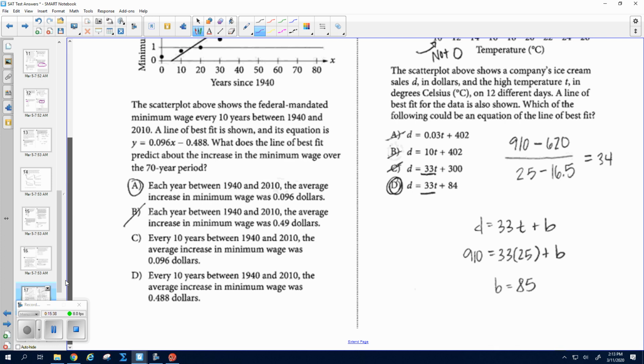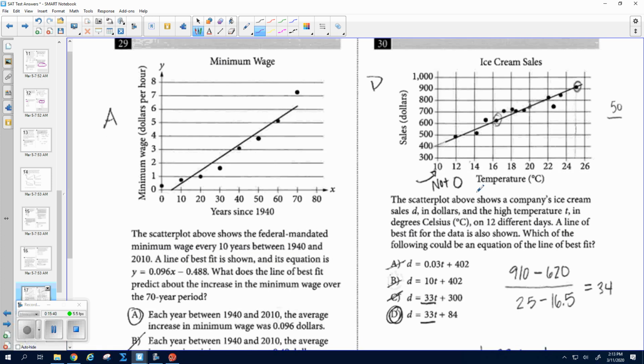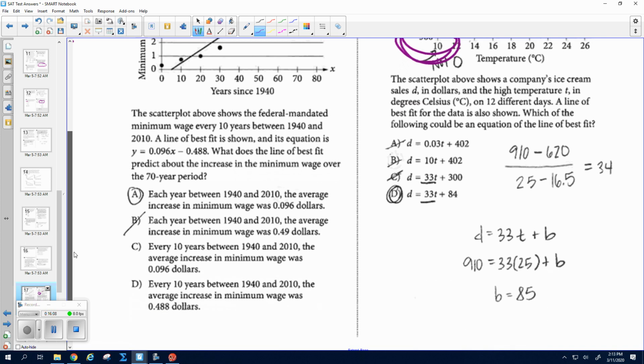Number 30, I just want to talk about because I've seen it now multiple times. And this is that same problem we talked about last week where they totally trick you because it doesn't start at 0, 0. So you think you're just getting the y-intercept right here, but you can't. The best way to do this one is to pick 2 points on the line, estimate what those points are, find the slope, plug in the slope and one of the points, and find the b.